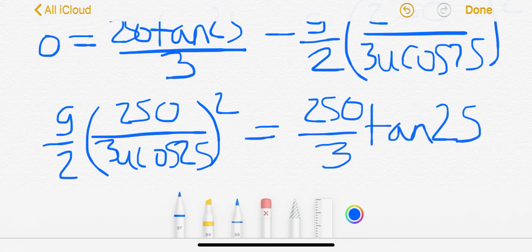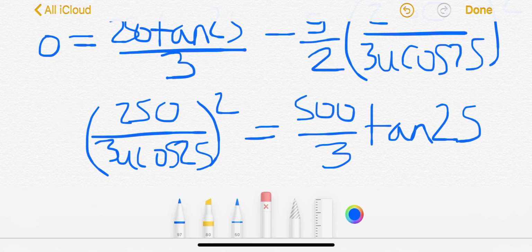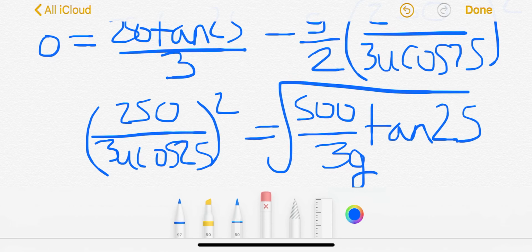We can multiply both sides by 2, so this side becomes 500. We can divide both sides by g, so this is 3g, and we can square root both sides, and because u is positive, we just take the positive square root. We don't need those brackets anymore.